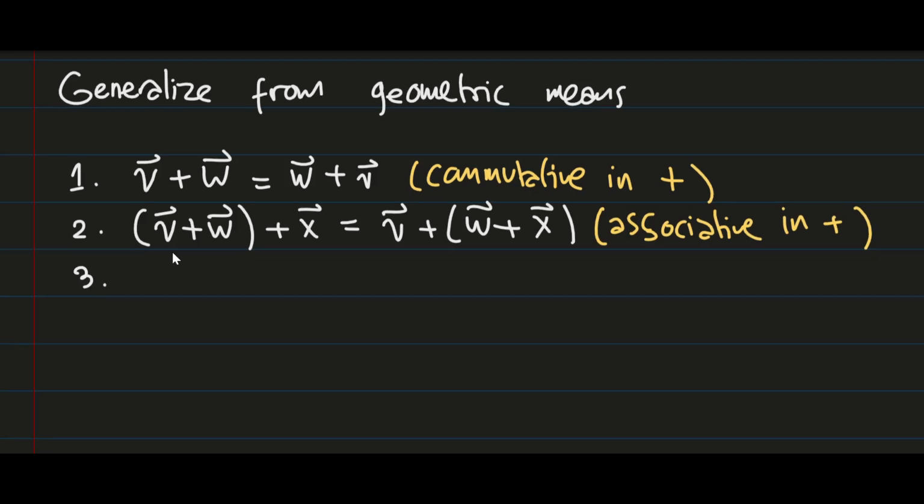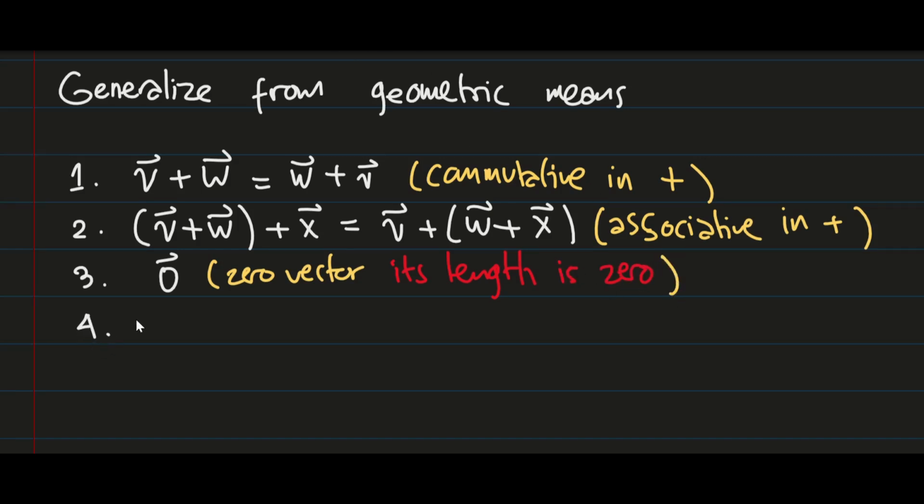The next one is the zero vector, whose length or magnitude is zero, just a point in the geometrical interpretation. The next one is scalar scaling. Each component of a vector is a number, so if I multiply it by just a scalar, a number, we scale each component.